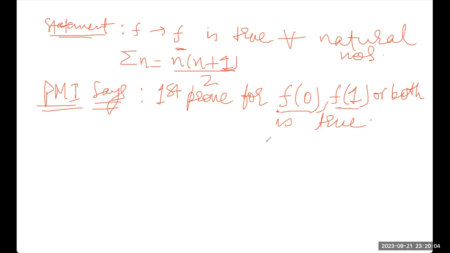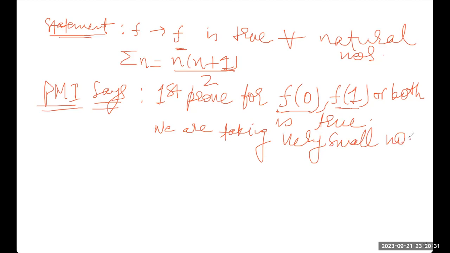Here, f of 0 or f of 1 means that we are taking a very small number, and I want to prove it for that small number.